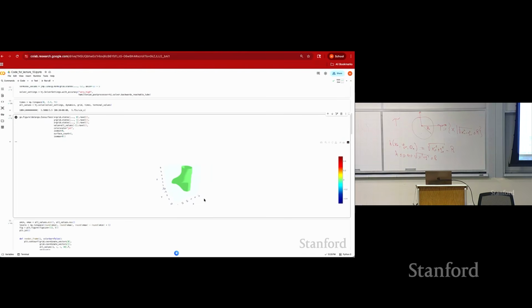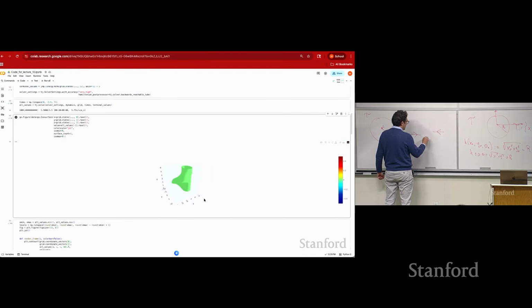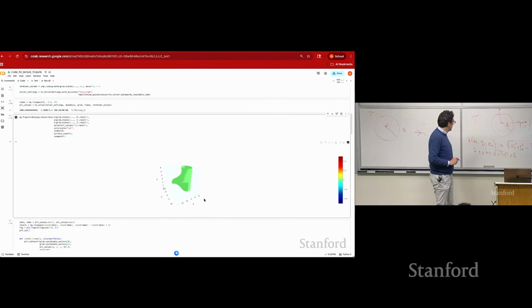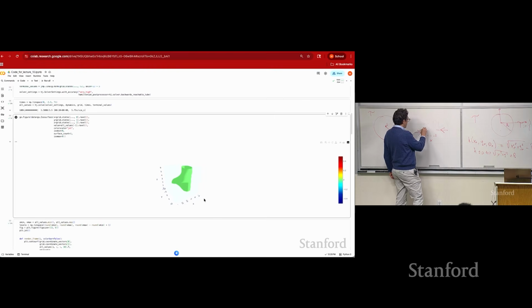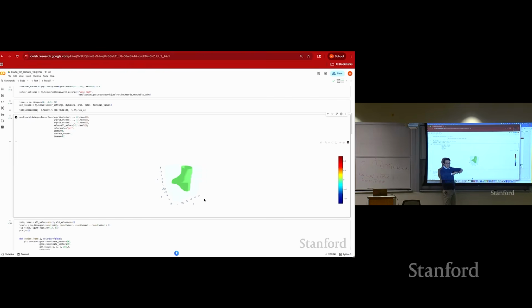So if this is the aircraft, this distance here will be X, and this distance here will be Y. And Z is the relative heading between the two aircraft.